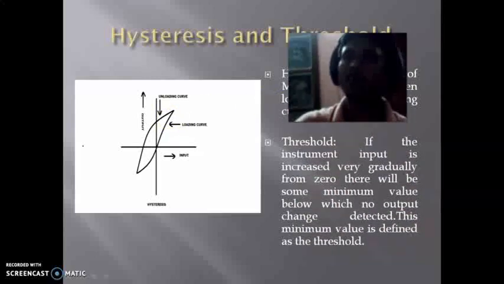Next is the threshold, which is a very important one. If the instrument's input is increased very gradually from 0, there will be some minimum value below which no output change is detected. This minimum value is defined as the threshold.